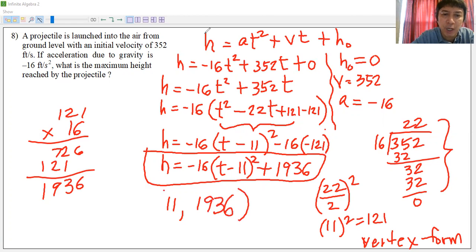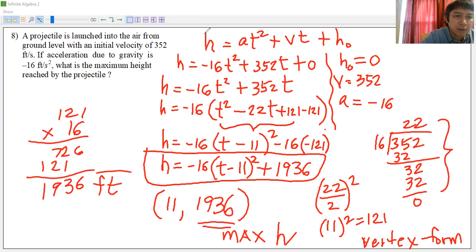That is the maximum, the maximum height. So the answer here is 1936 feet. Okay, that's the answer.